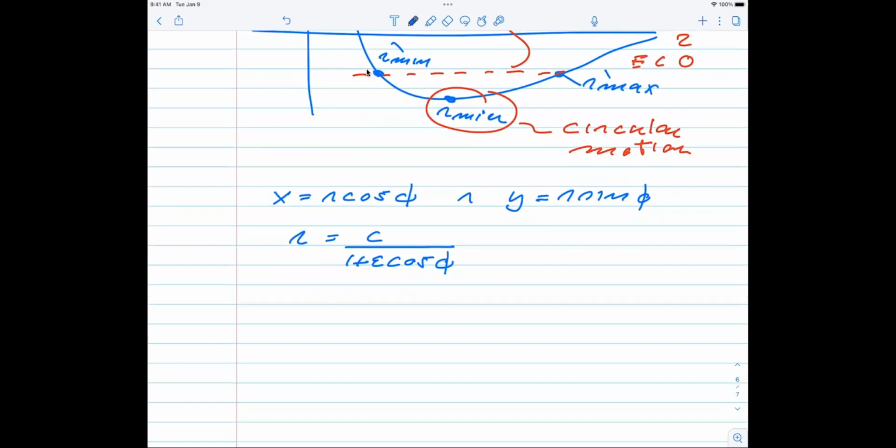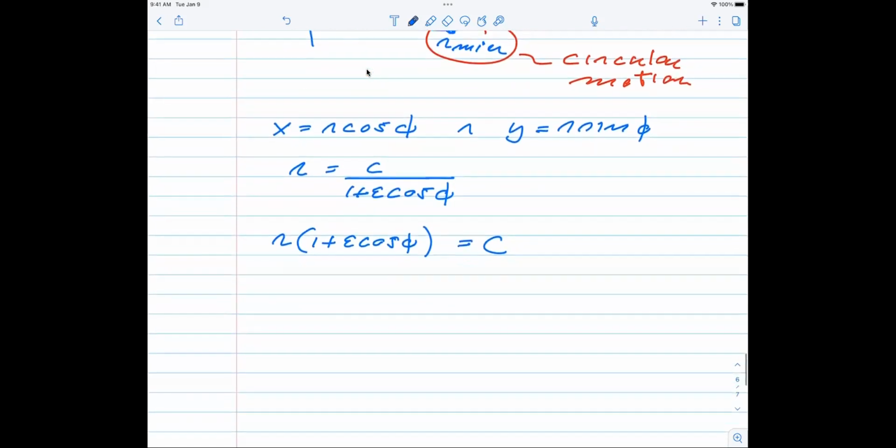And the only thing I do now is simply to manipulate this equation. So I multiply with 1 plus epsilon cosine phi on both sides. So then I get C. And then we know that r times cosine phi, if I take this one, we have this definition here, I have r here and cosine phi. So I can actually rewrite that in terms of x.